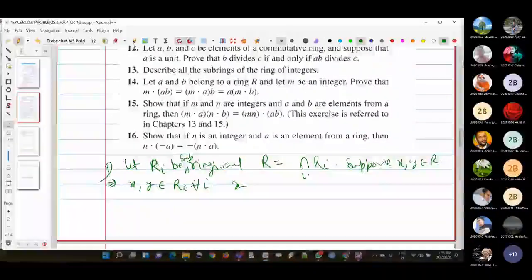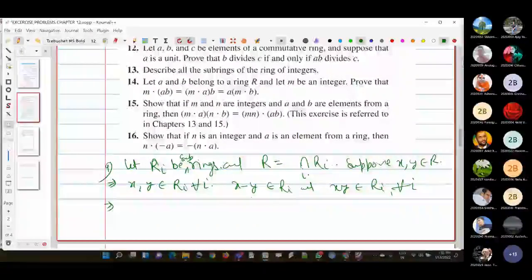Because they are subrings, x minus y belongs to Ri, and x times y is closed also, and this should be true for every Ri. Therefore, x minus y and xy belong to the intersection of Ri.